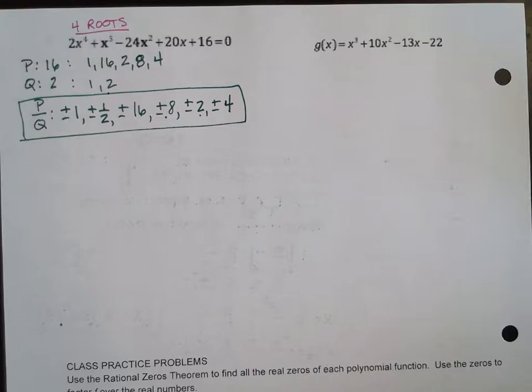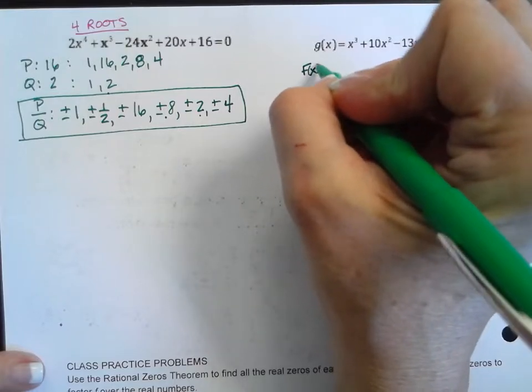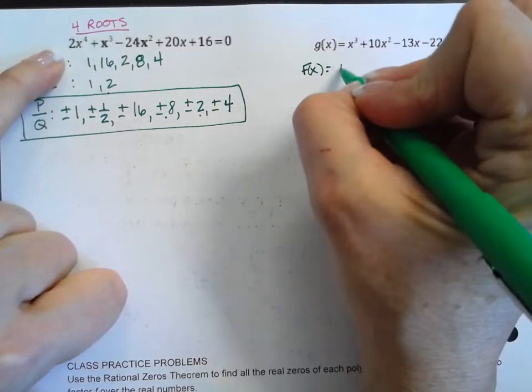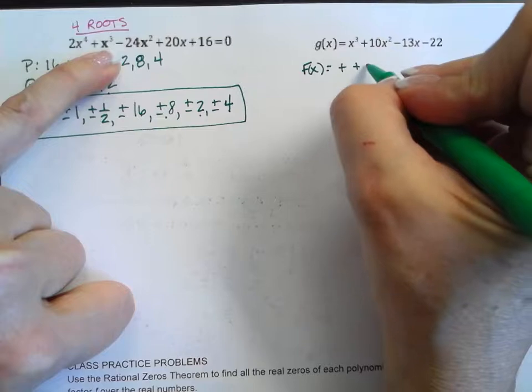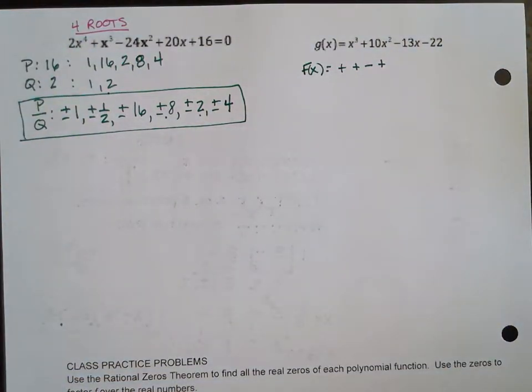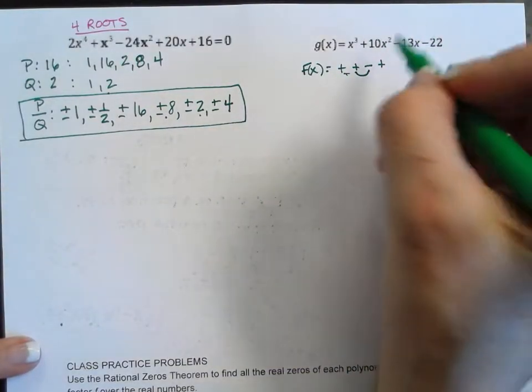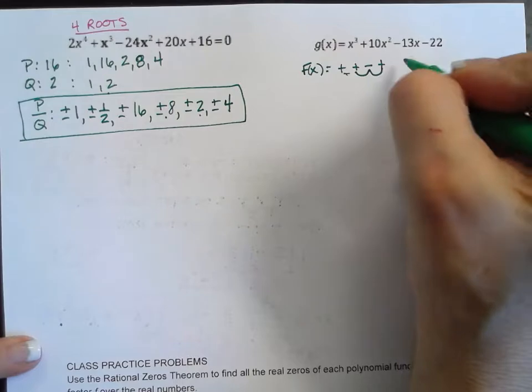Alrighty, so let's analyze how many positives and negatives we're going to have. So f of x, I have a positive and a positive, then a negative, then a positive. There's no change here, but I change here and I change here.